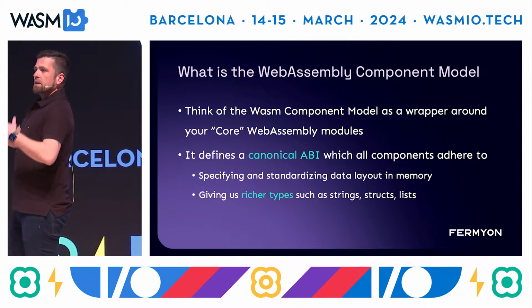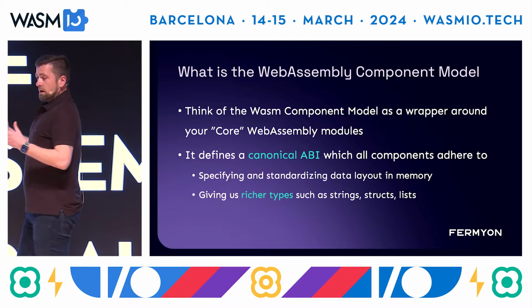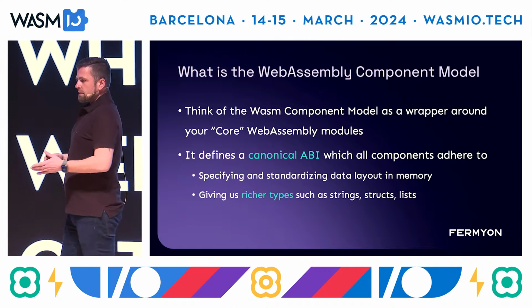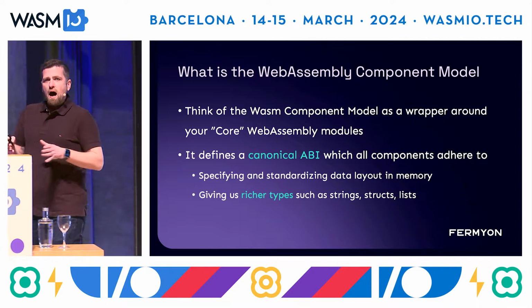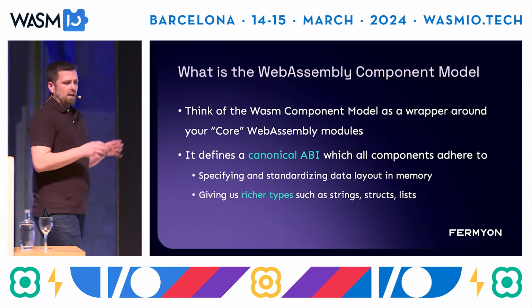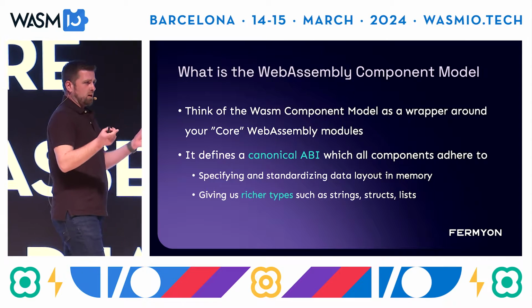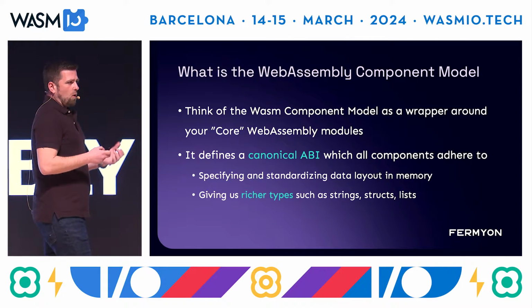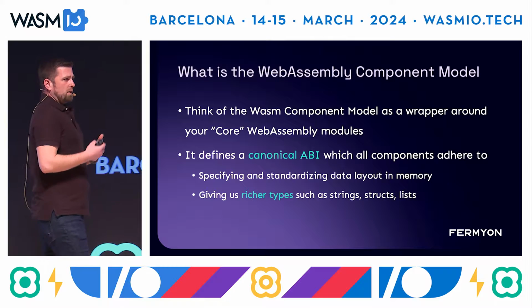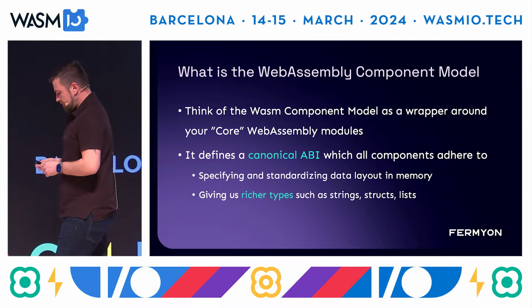So we can use strings, objects, or you may call them structs, lists, or vectors. And it does not matter anymore how the original language is laying out that structure in memory. That's all done by the component model, and it's taking care about the conversion so that we all can agree on a unified interface of those components.